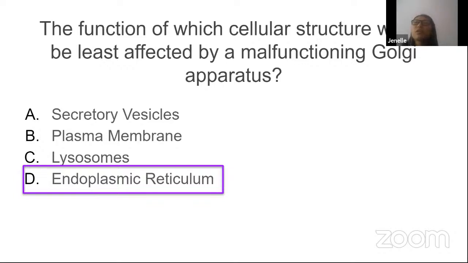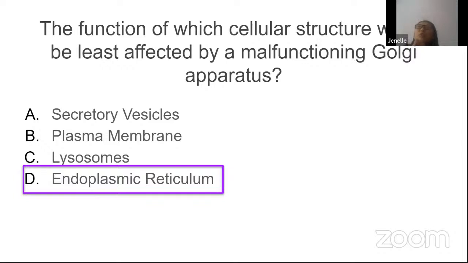In this question, we're asking which would be least affected by a malfunctioning Golgi, so anything that happened before the Golgi would probably not be affected by a problematic Golgi apparatus, right?